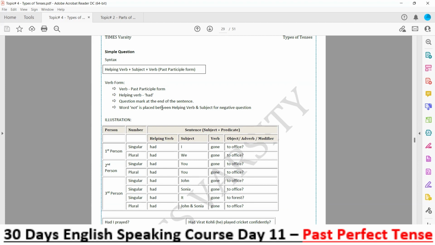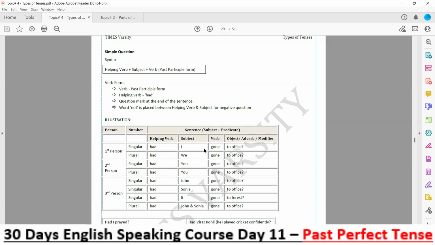And if we are adding not, the word not is placed between the helping verb and the subject for a negative question. As usual, all simple questions start with a helping verb. Since the helping verb had is used here, the sentence also starts with had.